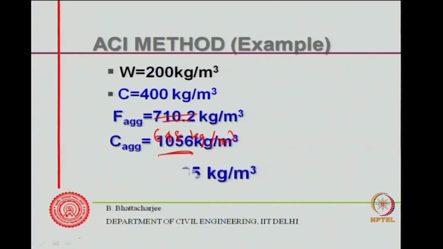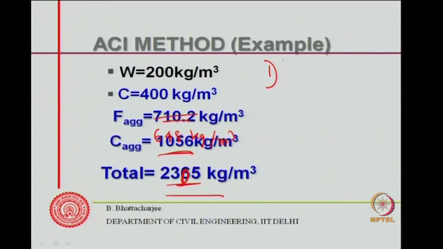So, total sum, of course, there will be some change, there will be less 2%, because there is some amount of about 60 kg. So, this will be around 2305 kg per meter cube. So, this is how we obtain the proportion through ACI method.